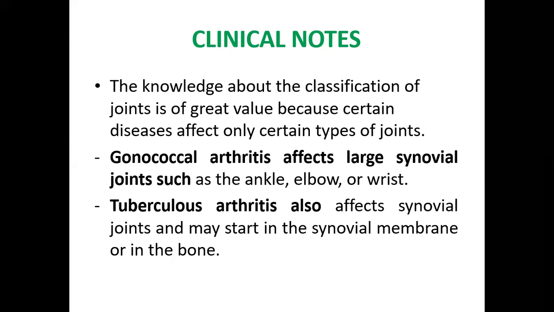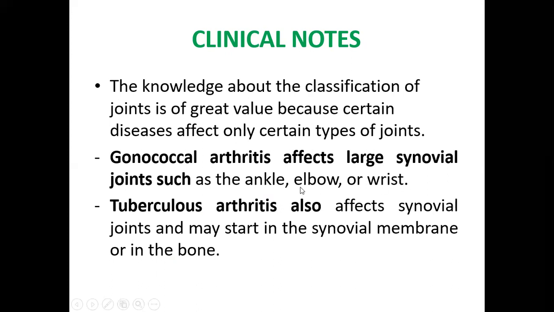Or if you know the joint which is affected, then you can easily diagnose the disease also. Like gonococcal arthritis affects large joints such as the ankle, elbow, or wrist.